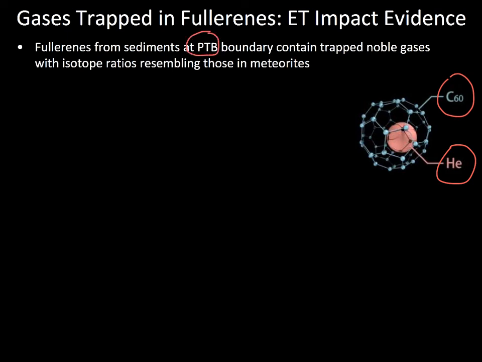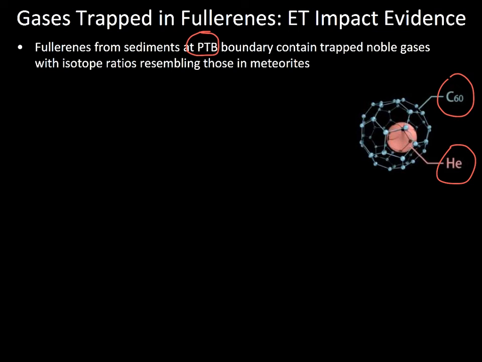Permian Triassic boundary sediments. Remember, the KT boundary is that boundary layer defining the interface between the Cretaceous and the Tertiary. Well, the PTB, or Permian Triassic boundary, is the boundary layer that defines the interface between the Permian and the Triassic.